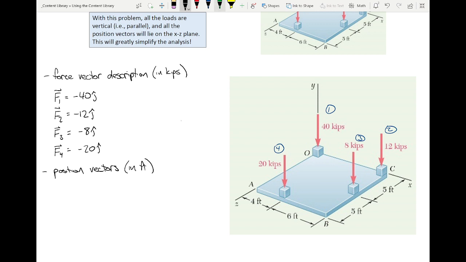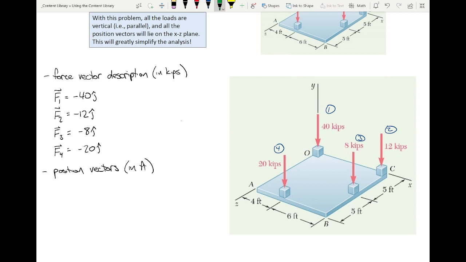Now, for our position vectors, we need to pick a point about which moments should be taken. Ultimately, the purpose of this problem is to come up with a single load placed on this mat that has force and moment equivalency. So it actually really doesn't matter where we sum moments from. Now, that being said, that doesn't mean I have to make the problem difficult for me as the analyst.